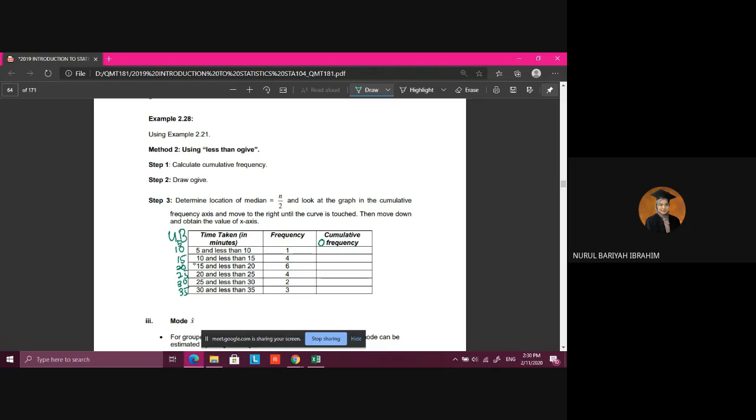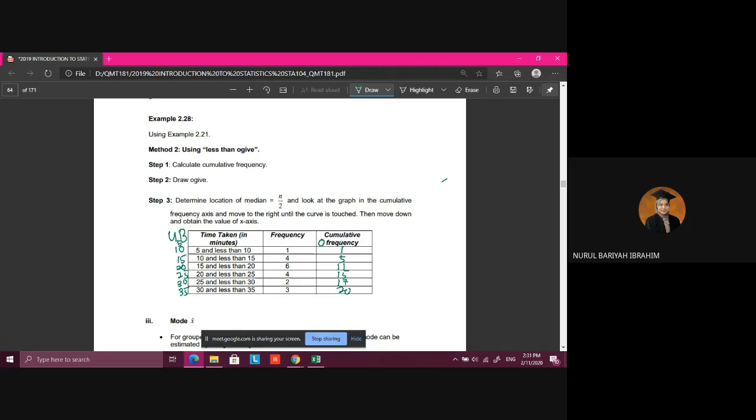And then for the others we have to calculate the cumulative frequency, which will be 1, 5, 10, 14, right? 5, wrong, is it? 1, 5, it should be 11, 15, 17, and 20.